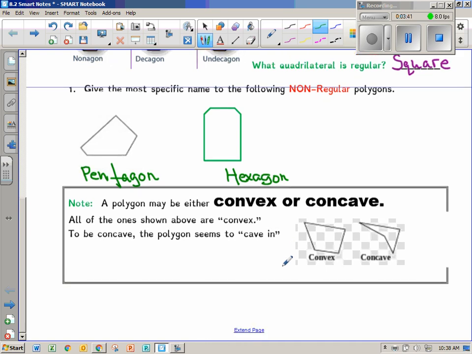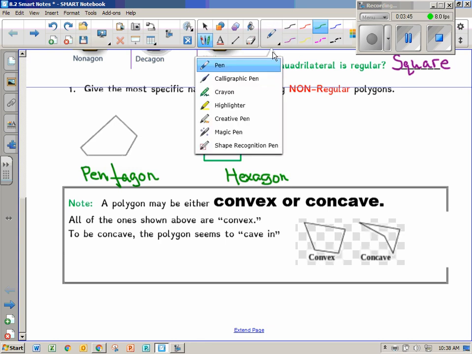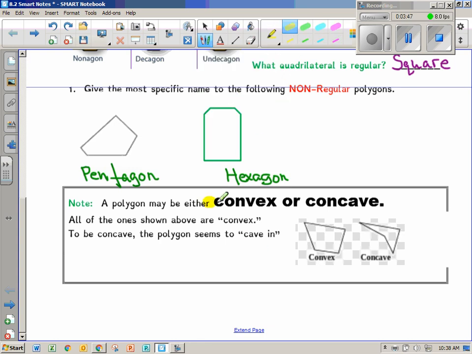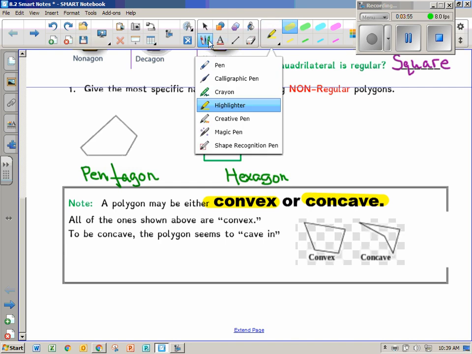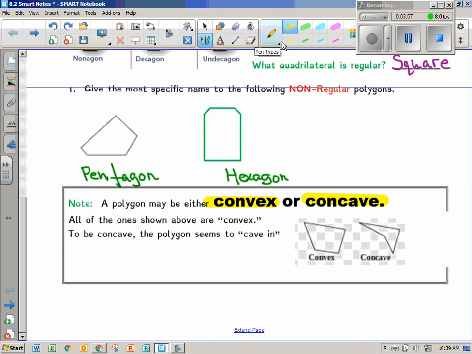Now, a couple of other terms that you may or may not know, and that is convex or concave. Those are some pretty fancy geometry terms. Most of our polygons that we've been talking about already, well, actually all of them, have been convex.